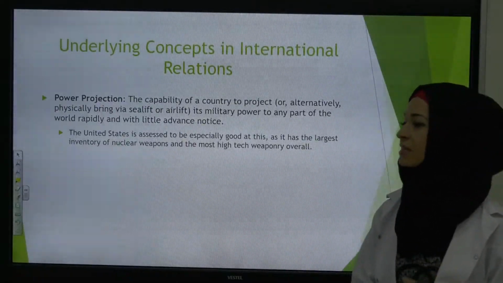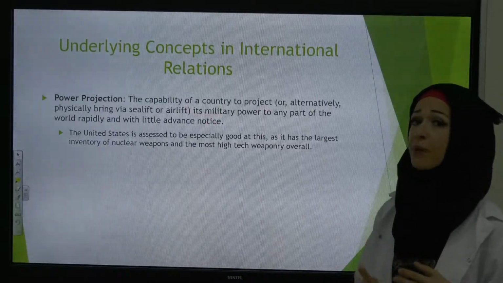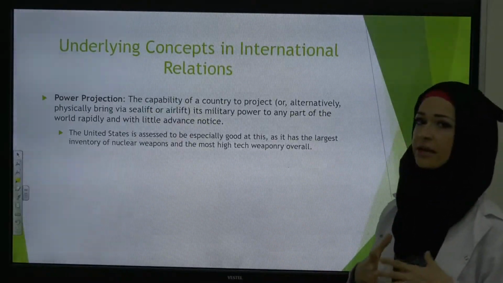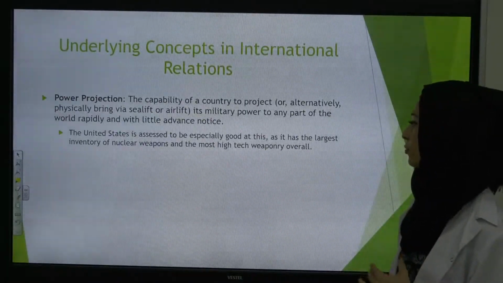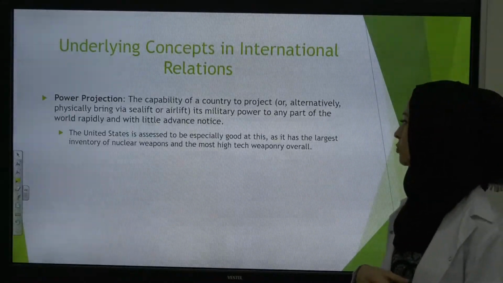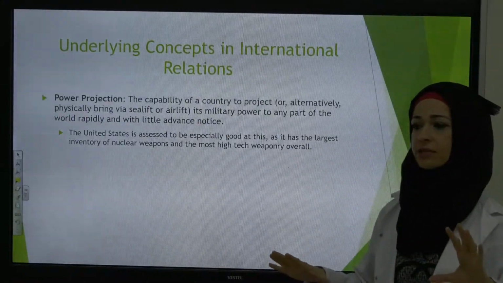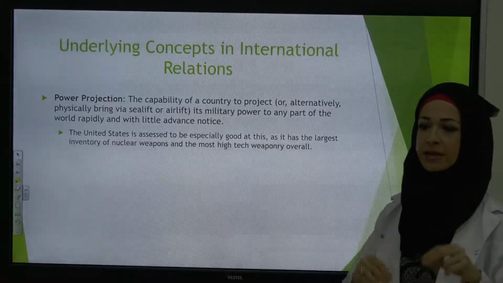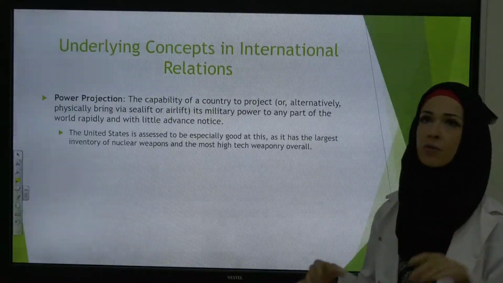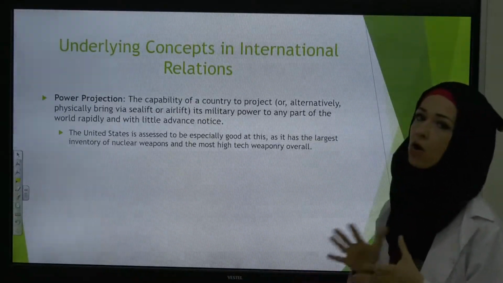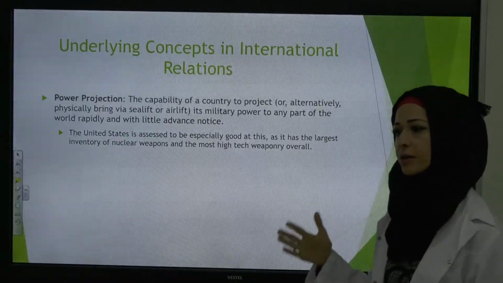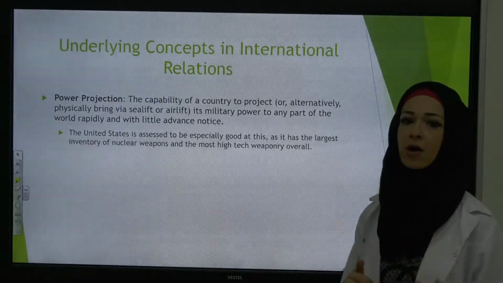Now, the United States at this time would be assessed to be especially good at this, in that it has the largest inventory of nuclear weapons and the most high-tech weaponry overall. So you will see that they can begin any sort of military attack within 24 hours. Not all countries can do this, and this is also characteristic of what? In that they are a hegemon.